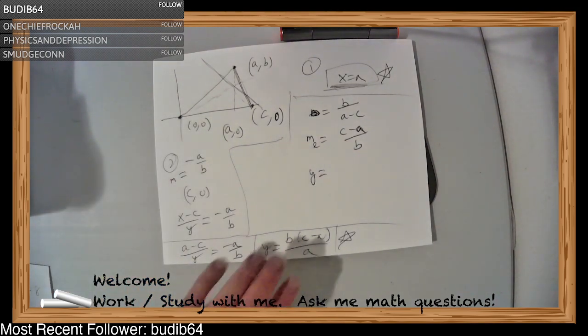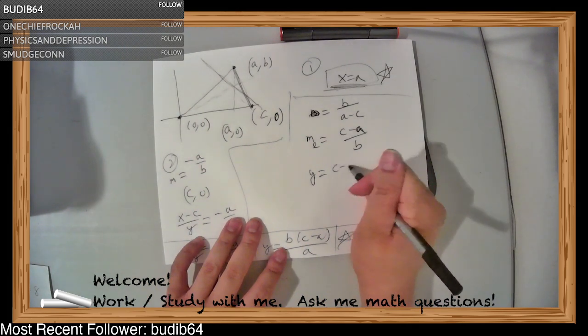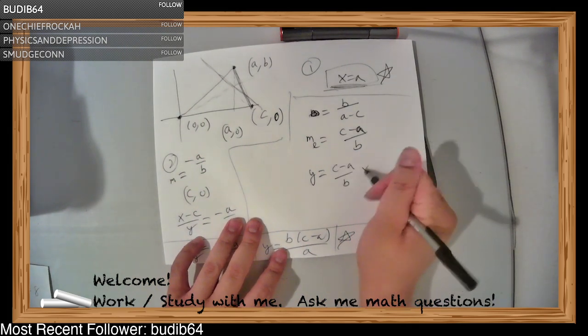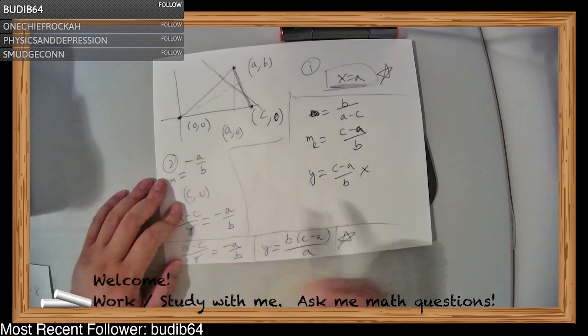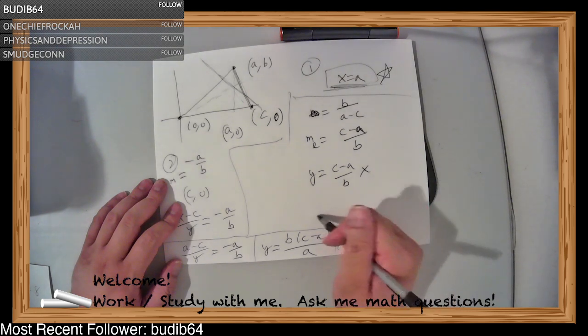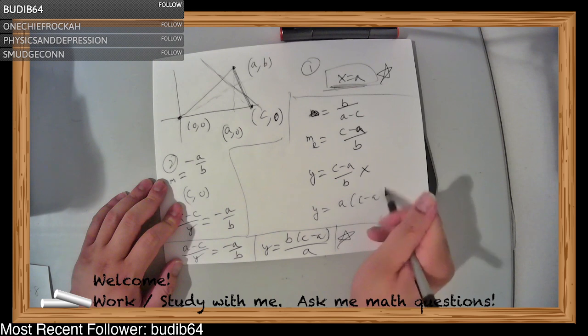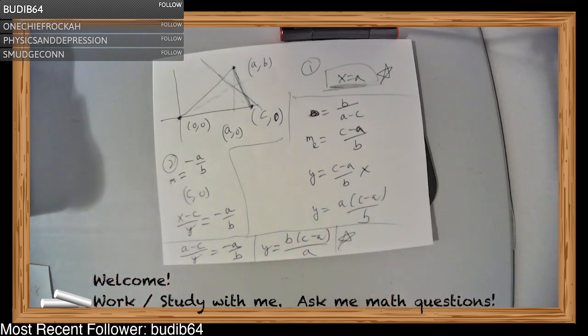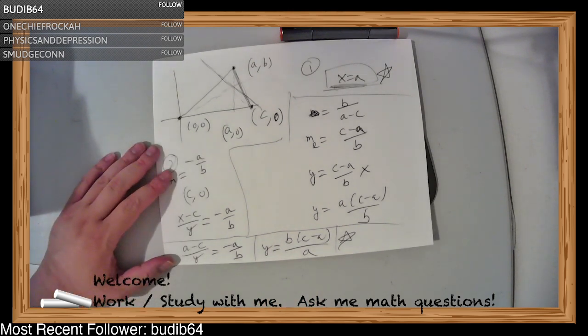No, that's fine. Yeah, it happens to go through the origin. So y equals slope times x, I want to say, and yeah, x equals a. So y equals a times c minus a over b. Okay, that is a slight problem. This might not be right. Hold on. Something is not quite right.